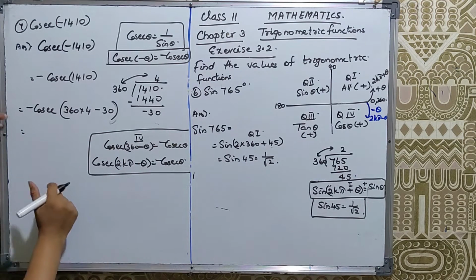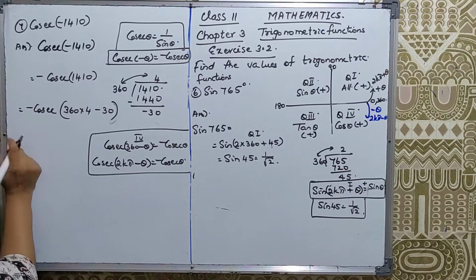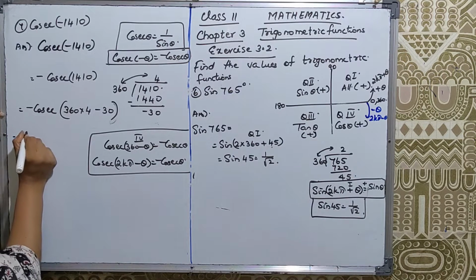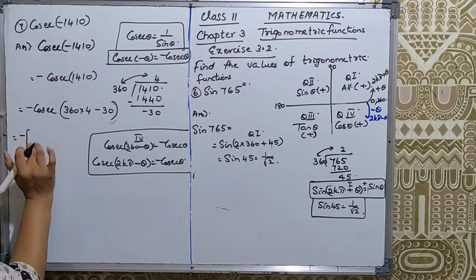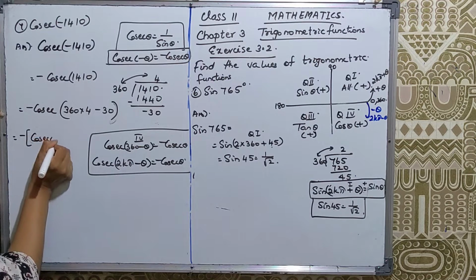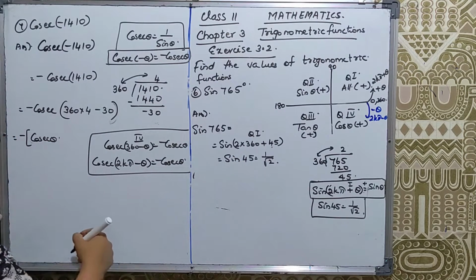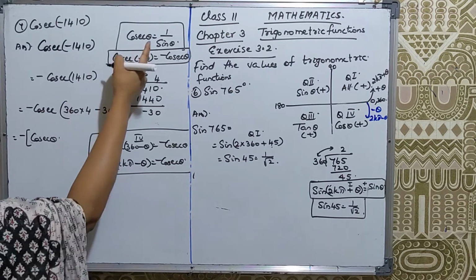So according to this question, minus sign is already there. Now minus cosec 30 it will become, because in the fourth quadrant only cos will be positive and the reciprocal of sine is negative.